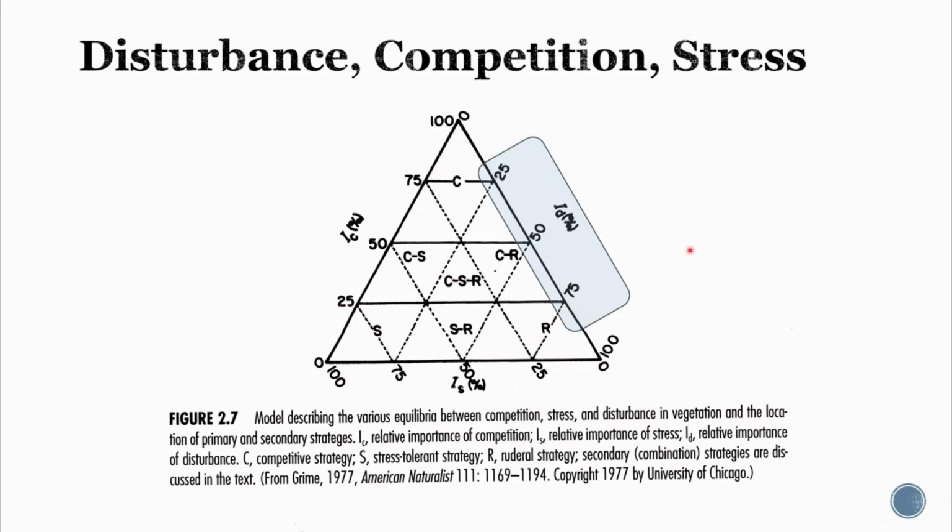So that's just a way to visualize looking at disturbance, competition, and stress all together. And so the grasses that we'll be talking about, according to this particular graph, fit more along this line right here on disturbance.